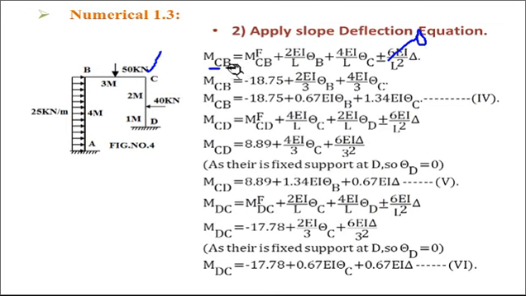Our generalized equation: MCB is equal to MFCB plus 2EI by L theta B plus 4EI by L theta C. Now rotation is there at B and at C. So MCB is equal to minus 18.75 plus 2EI by 3 into theta B plus 4EI by 3 into theta C. By simplifying, MCB is equal to minus 18.75 plus 0.67 EI theta B plus 1.34 EI theta C. This one is equation 4.